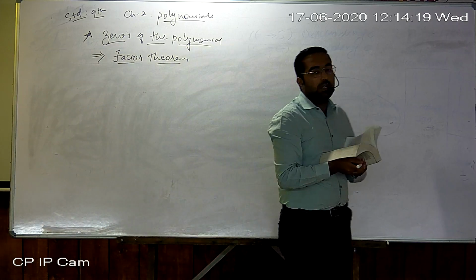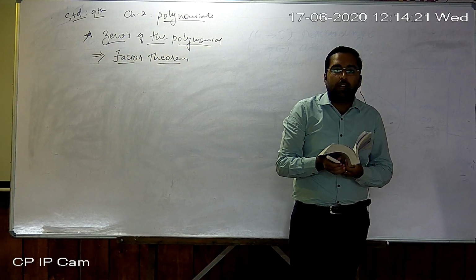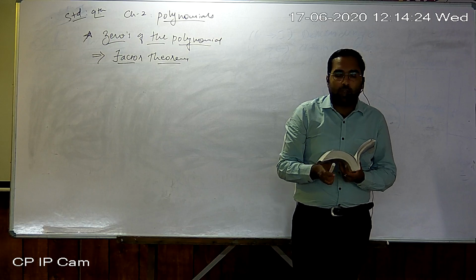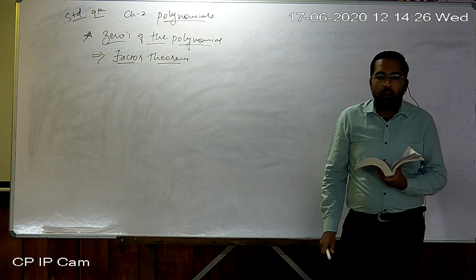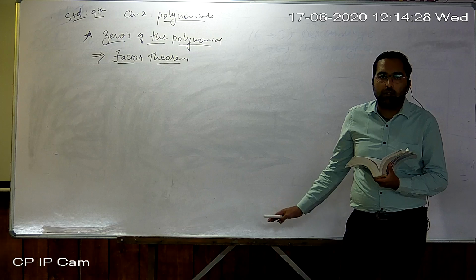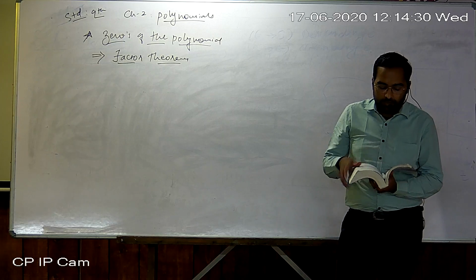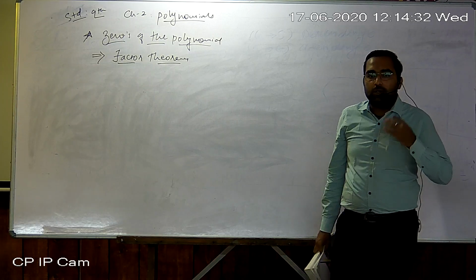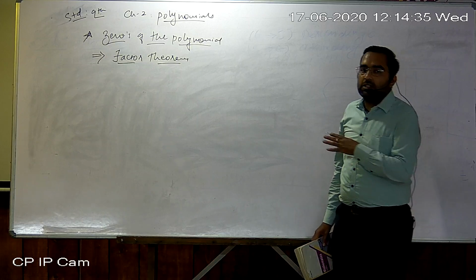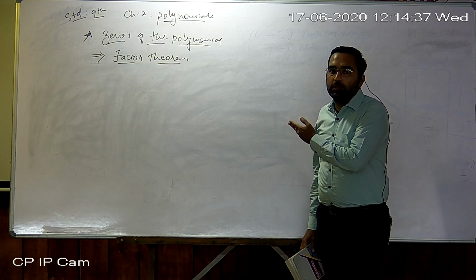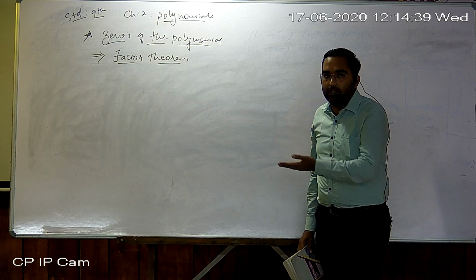Factor theorem is nothing but this: whenever zeros are given, check whether the given zeros are factors of the polynomial using the remainder theorem.